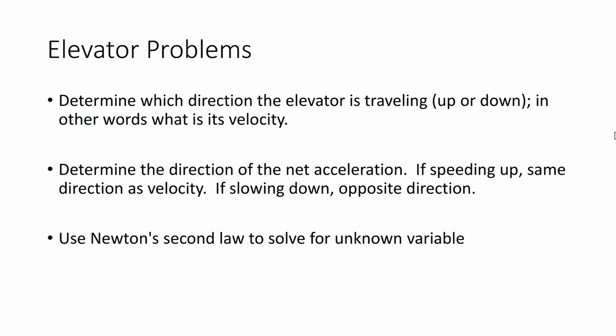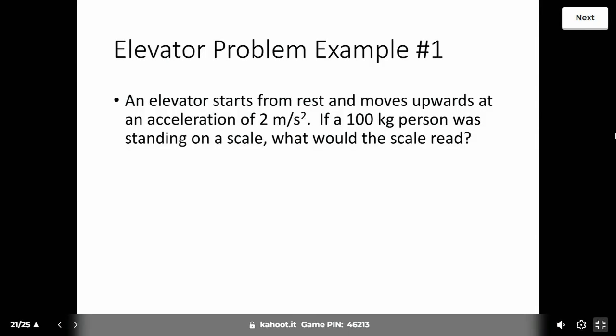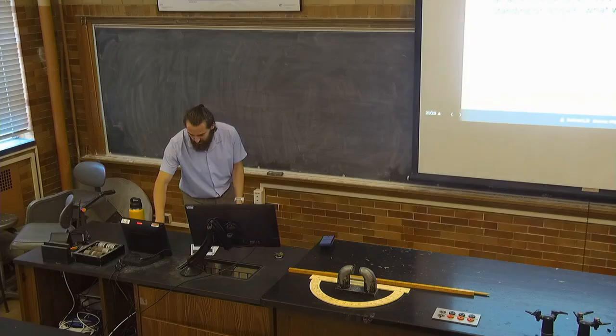If the elevator is speeding up, then its acceleration is in the same direction as its velocity. Or if it's slowing down, then its acceleration is in the opposite direction of the velocity. And then you use Newton's second law, which for most things is just F equals ma, to solve for the weight of the person. So I think we have an example where we can put this into practice.